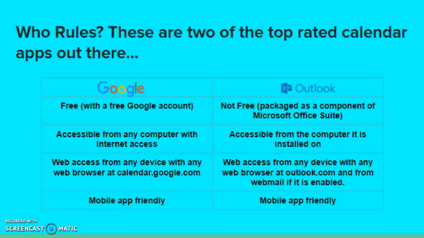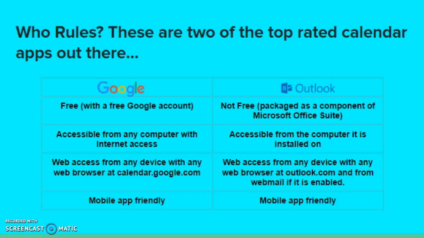Now, your Outlook files are hosted on your local computer, but they're also hosted on an Exchange server if you're on a network, and you can access them from the internet also if your network administrator has enabled the webmail feature. Within webmail, you can click on Calendar and get your calendar from there.